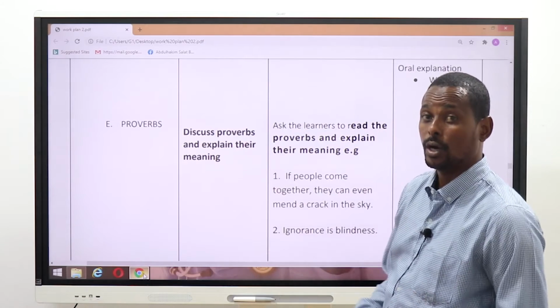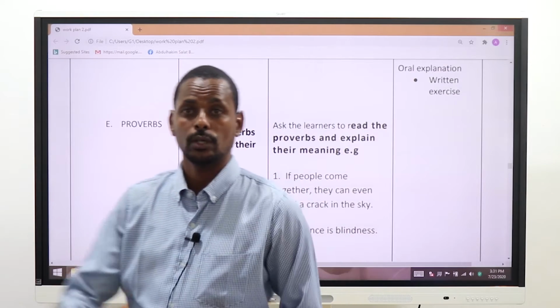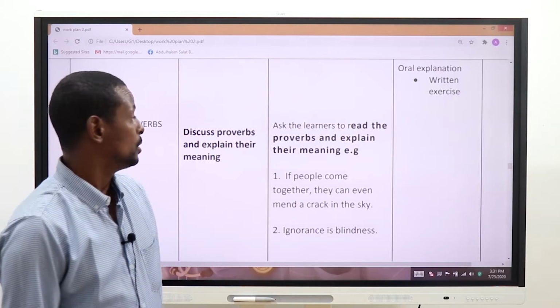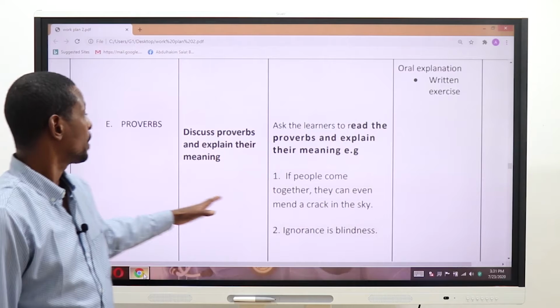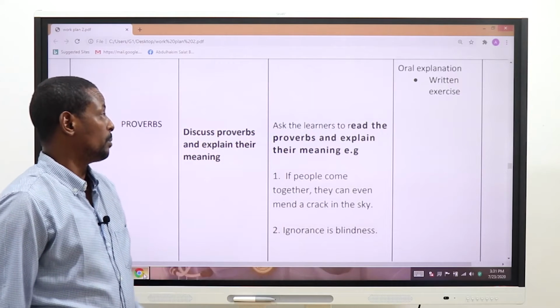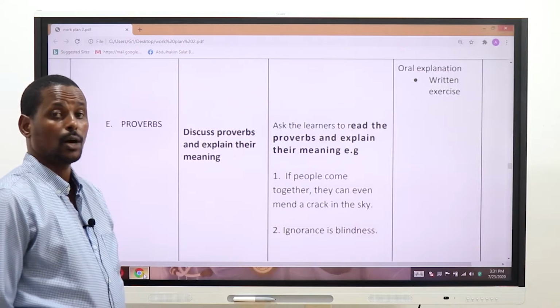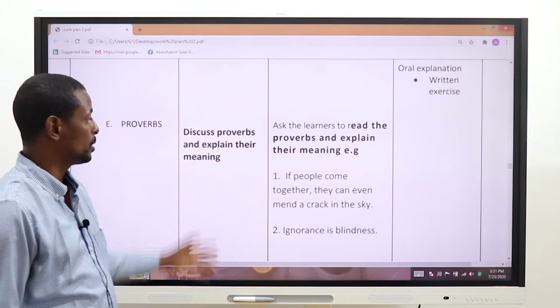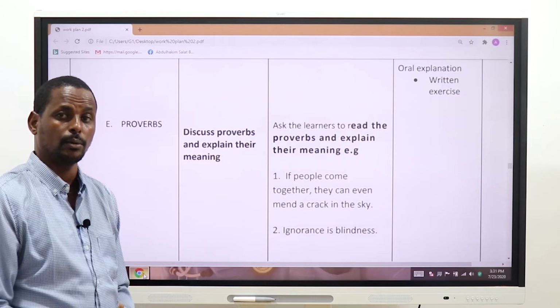Now, how do we go about that, to go into details of studying this unit, this lesson? Ask the learners to read the proverbs and explain their meanings. Now, there is a list of proverbs in the textbook. In this unit, we have given a list of proverbs.